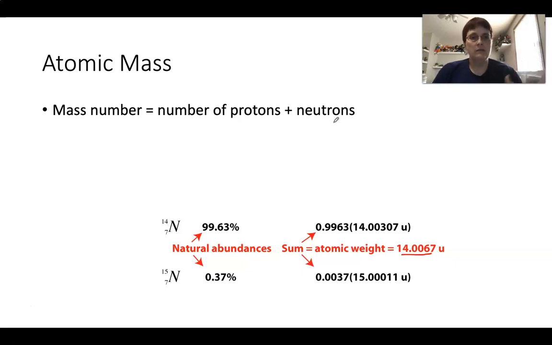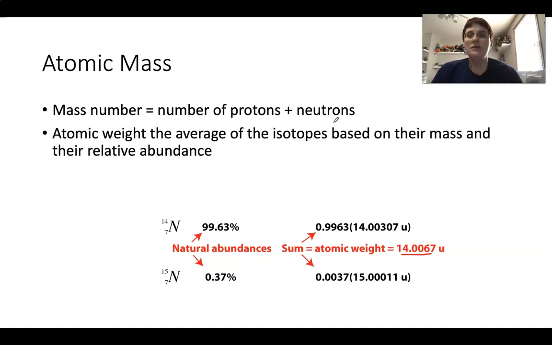If they're the number of protons plus the number of neutrons, it would make sense that it would be a whole number. The thing is that those atomic weights on the periodic table are determined by the average of the isotopes based on their mass and their abundance in nature. Some of the isotopes are more common than others, and that's how they get the average atomic weight.